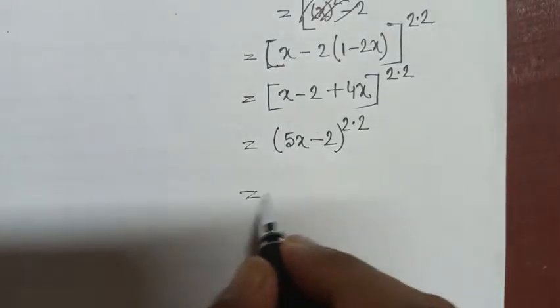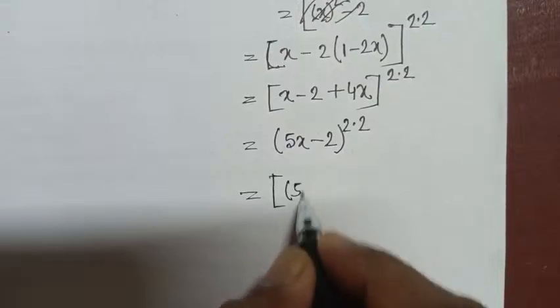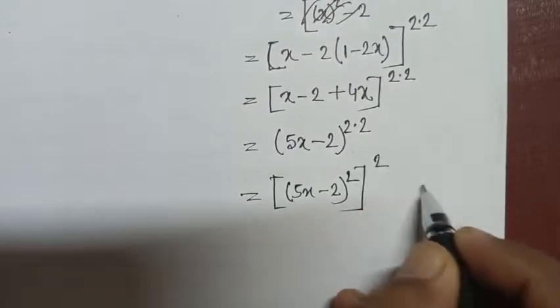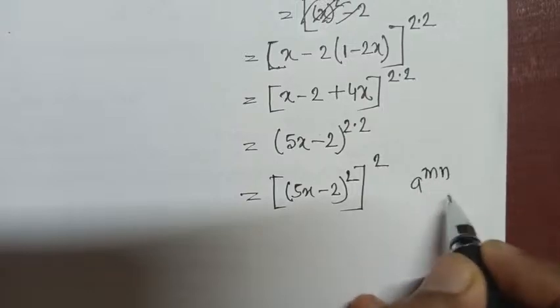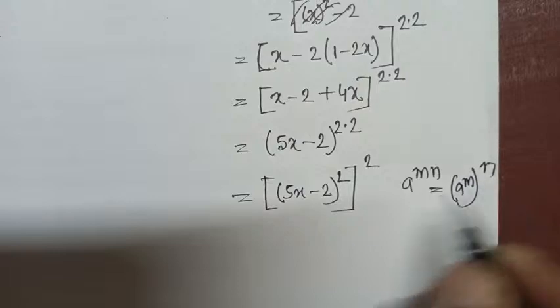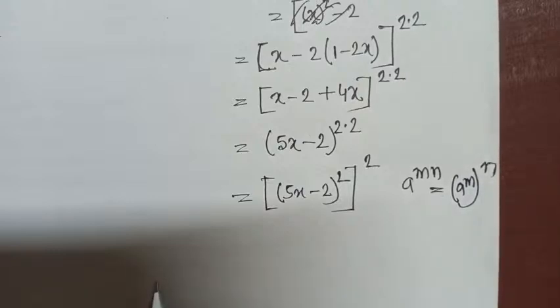So now we can write this as 5x minus 2 squared. We know a to the power mn is equal to a to the power m, to the power n. We have applied the same here.